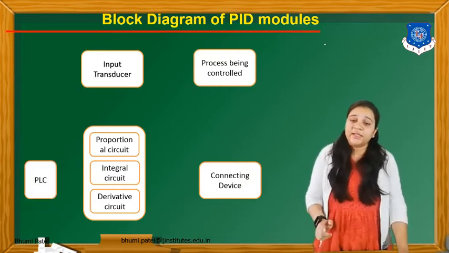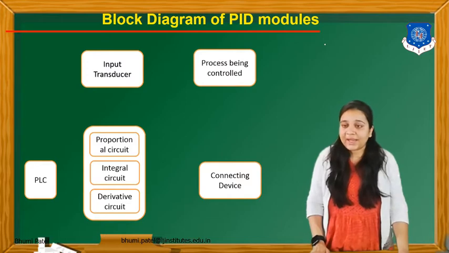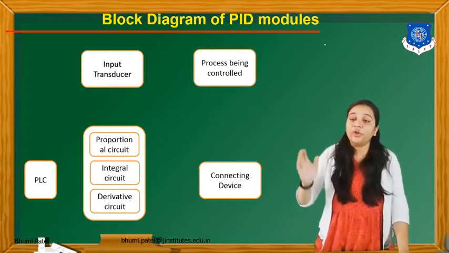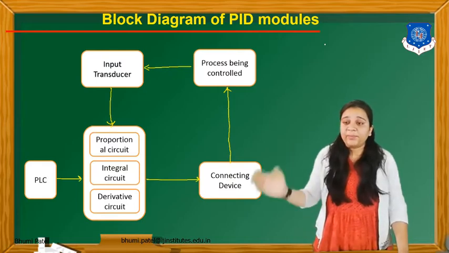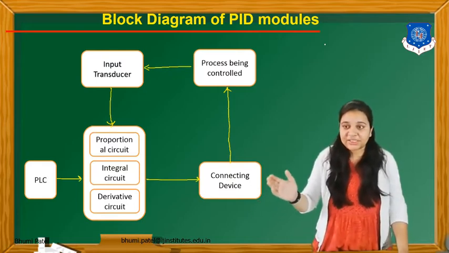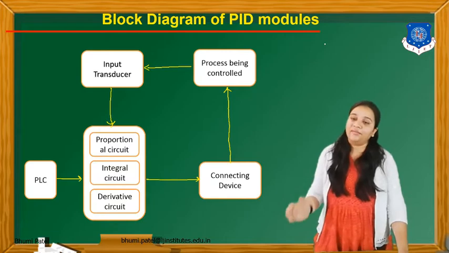Now the compulsory and must condition is that we connect this PID module with the PLC. So first of all we connect the PLC with the proportional circuit, integral circuit and derivative circuit.